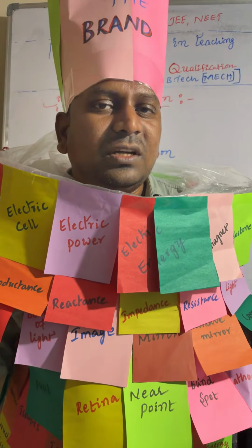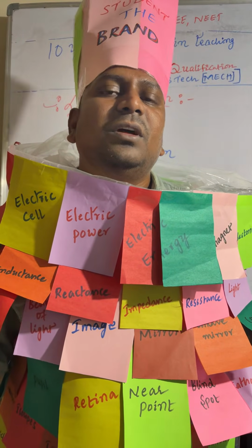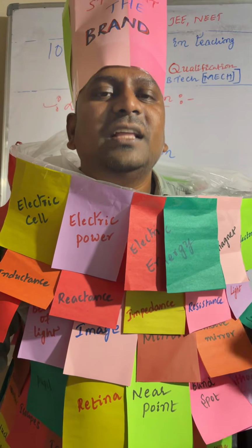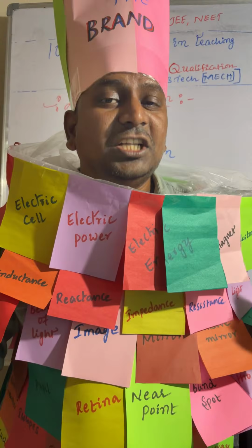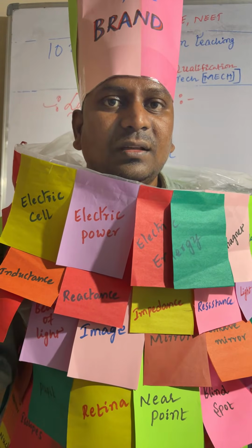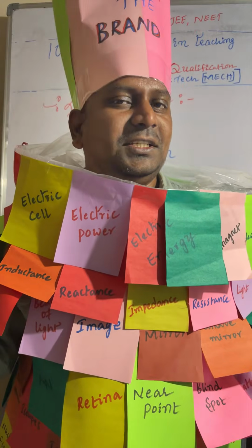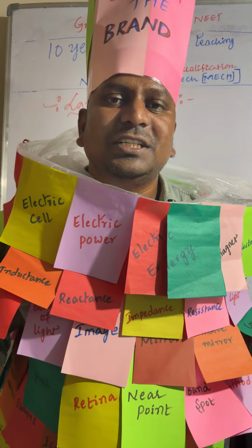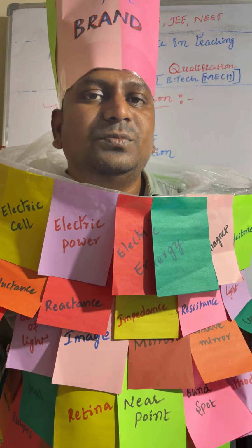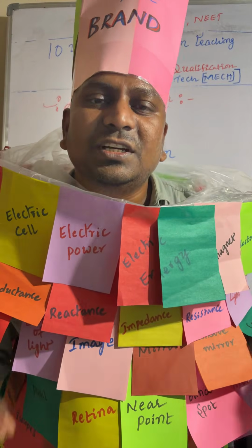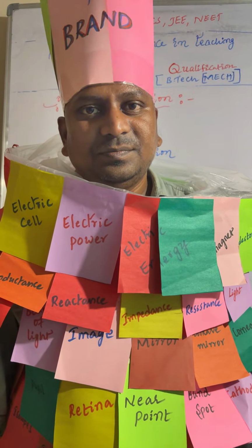So finally, what is the conclusion of this? Without external force, the body does not change its position or its state by its own. By its own, it won't change. Some external agency, some external force is required to move the object from its state of rest, state of motion, state of direction.